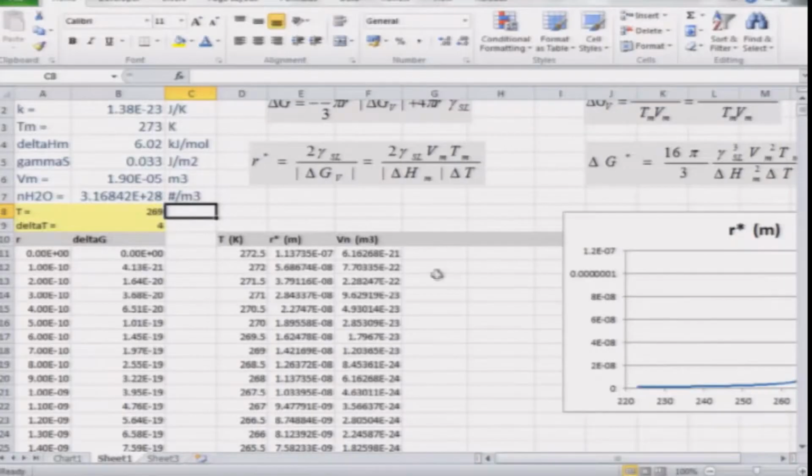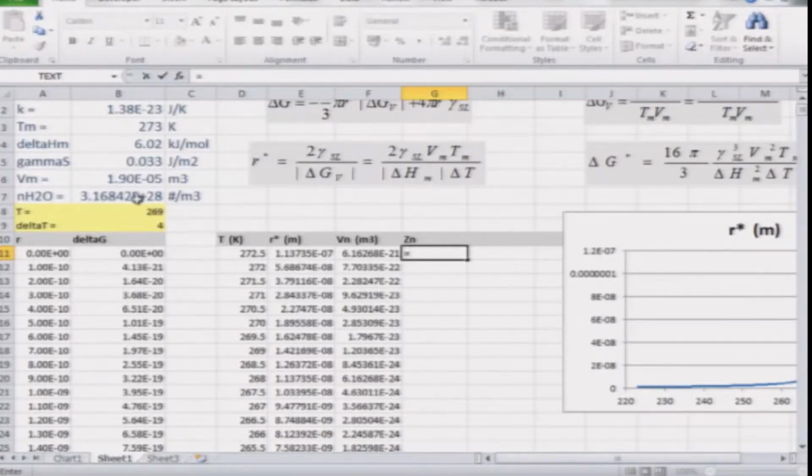So now I know this. Let me call this column heading Zn, the number of molecules in a nucleus of a certain size. So I know now for the volume of this nucleus how many molecules should be there.